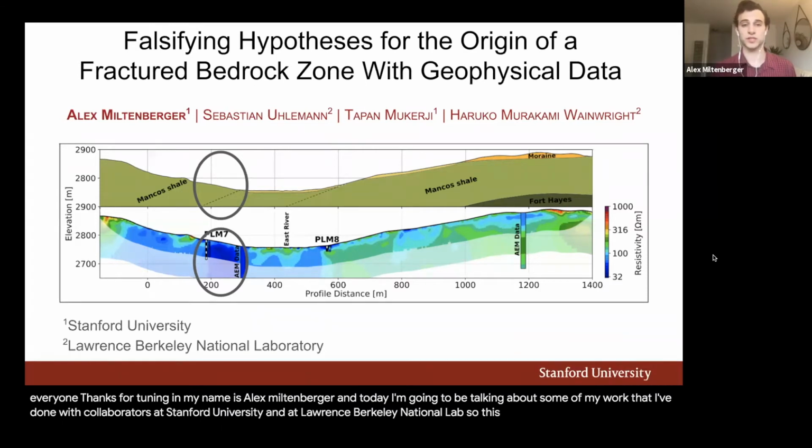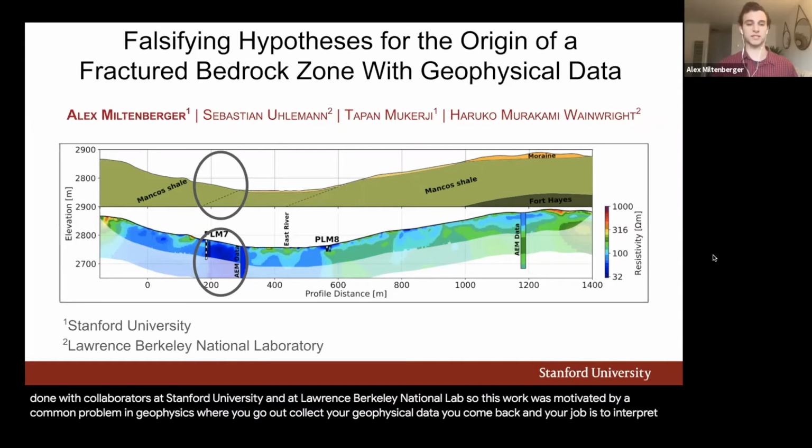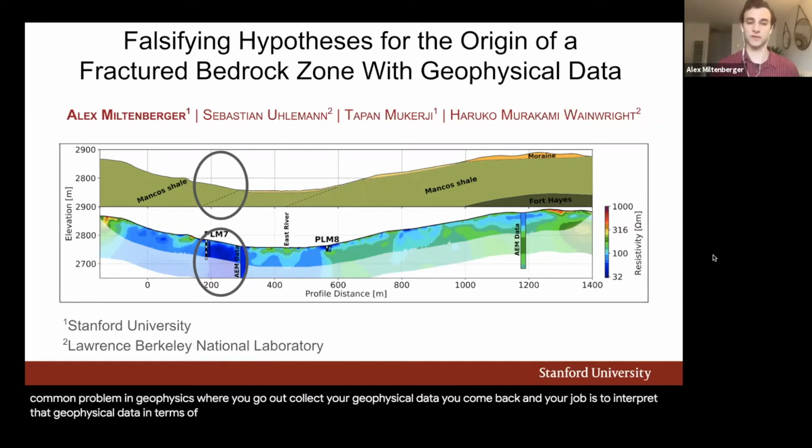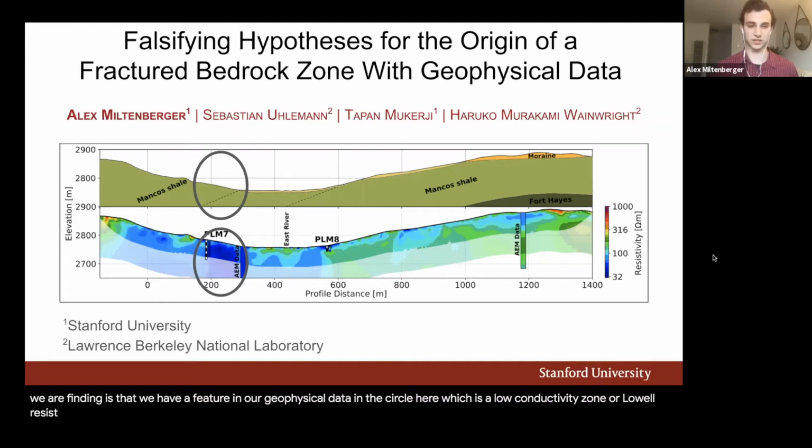So this work was motivated by a common problem in geophysics where you go out, collect your geophysical data, you come back, and your job is to interpret that geophysical data in terms of local geology or something that you might care about. But in this case, what we are finding is that we have a feature in our geophysical data in the circle here, which is a low conductivity zone or low resistivity zone.